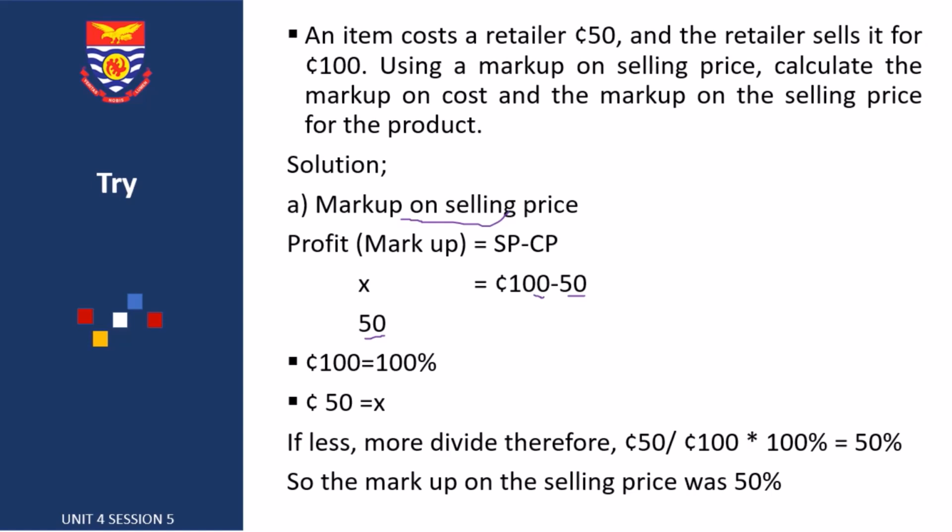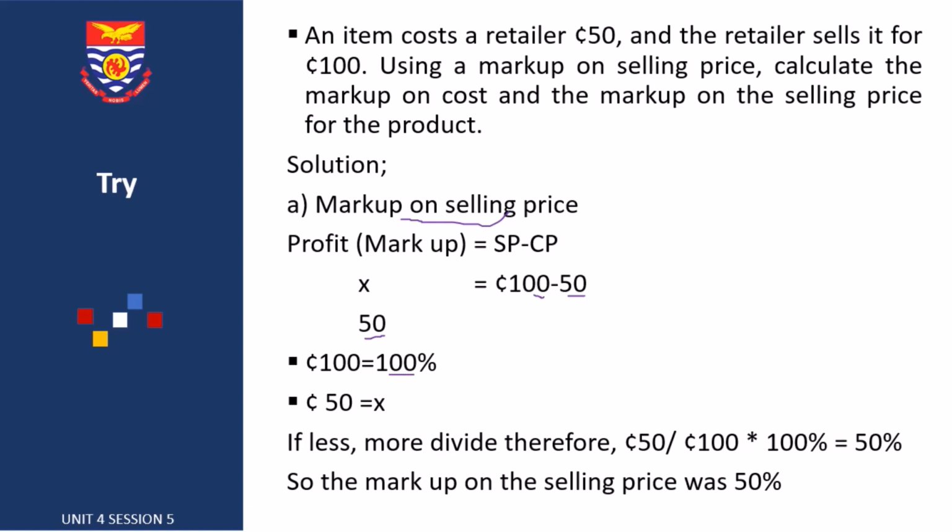We are looking at markup on selling price, not markup on cost, so we are going to equate this 100, which is the selling price, to our 100% as our whole figure.